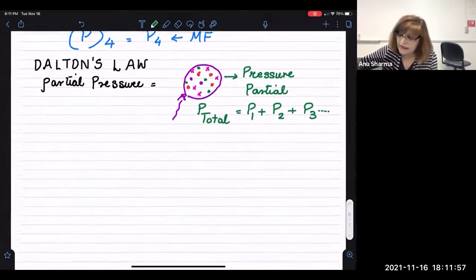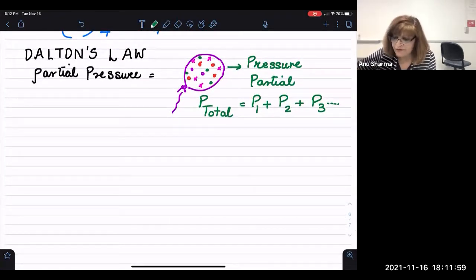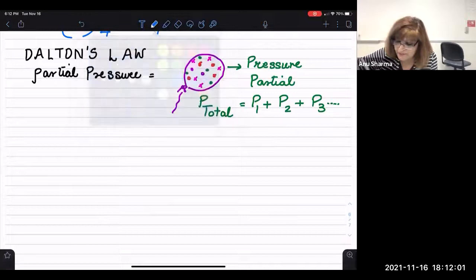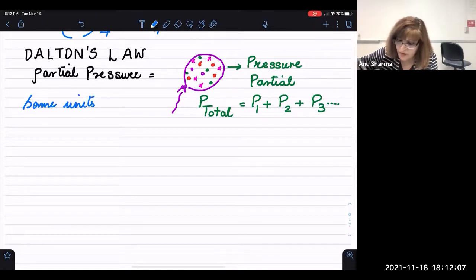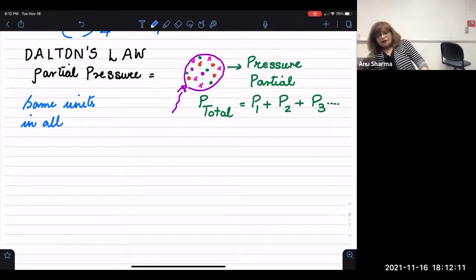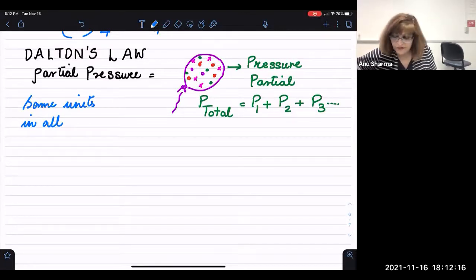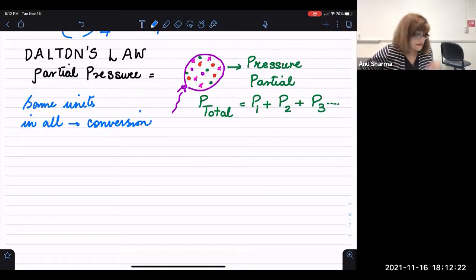The application is a very simple law, and you just have to make sure that the units are the same on all these pressures. That's one thing. Second thing is, if they are not the same, then you have to do the conversions. That's the only thing. The rest is easy.